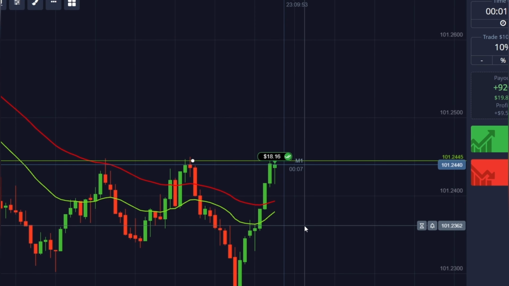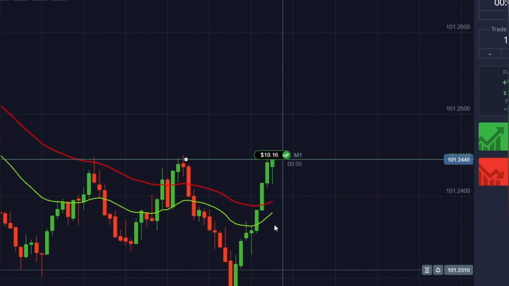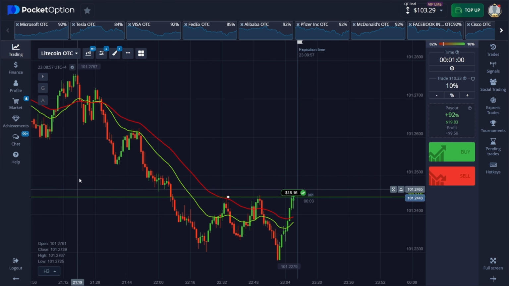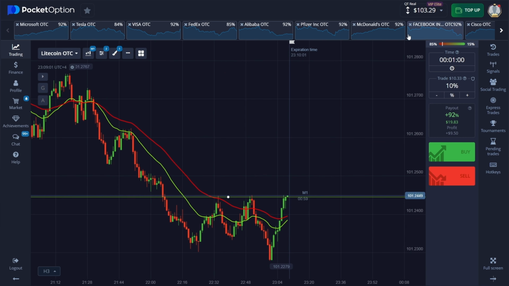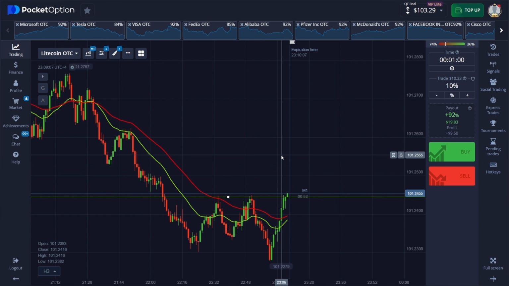And it's a win. We won another trade, bringing my balance to $103. We've doubled our capital from $50 to $103 by using just 10% of our capital. This is good progress.